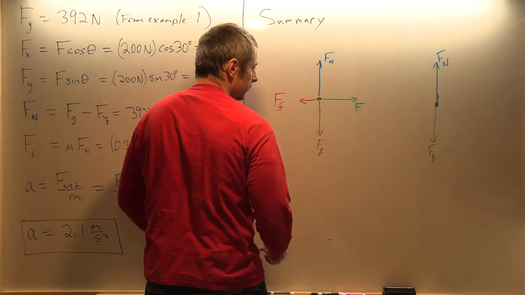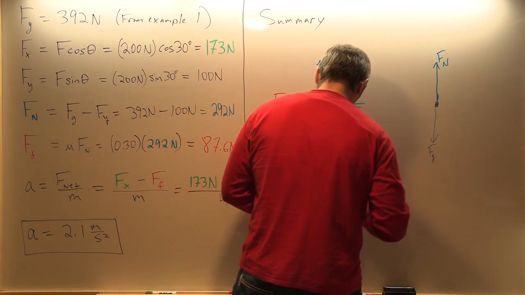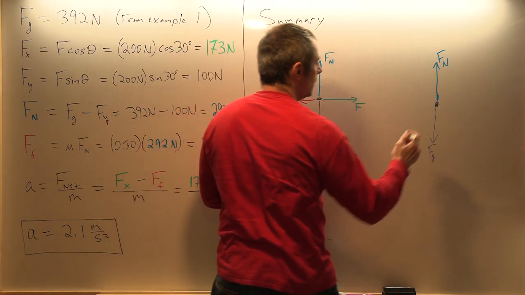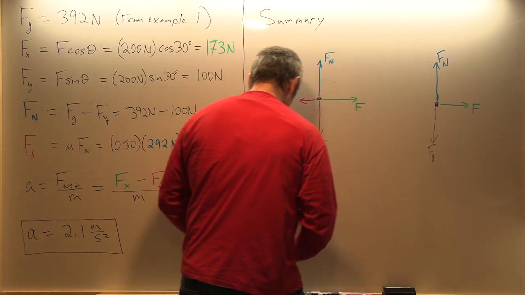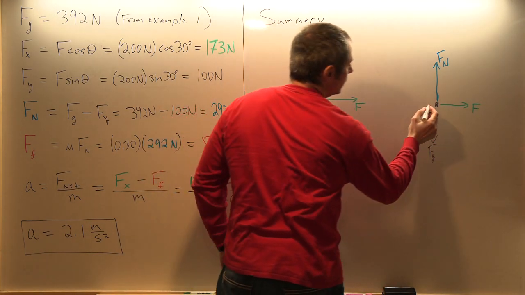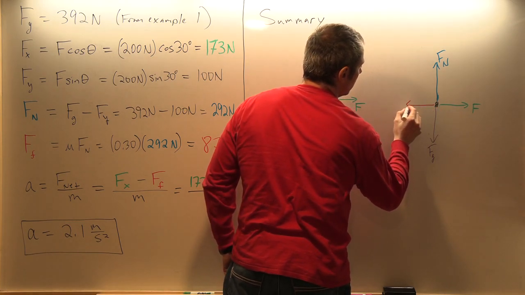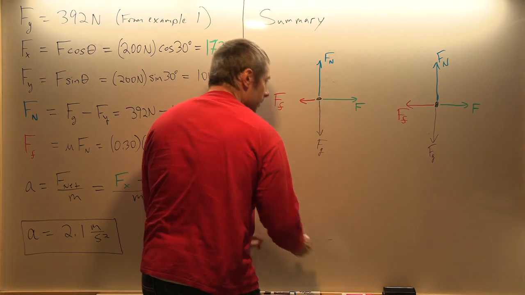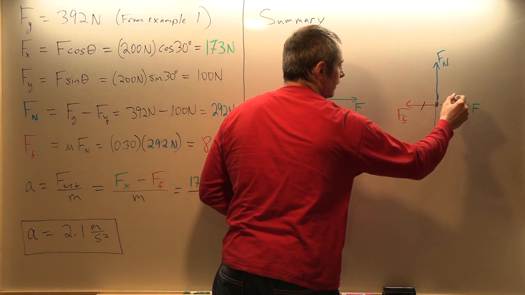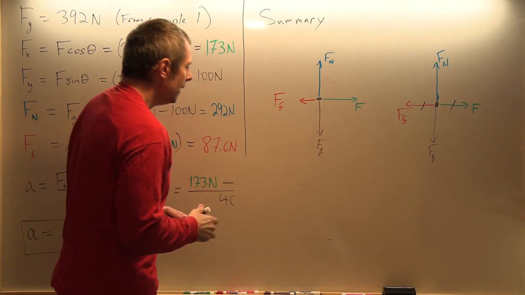But the key difference is, in this other scenario that we studied, the applied force and the friction were equal. So equal, we'll put these little marks down like this to show that they're equal.